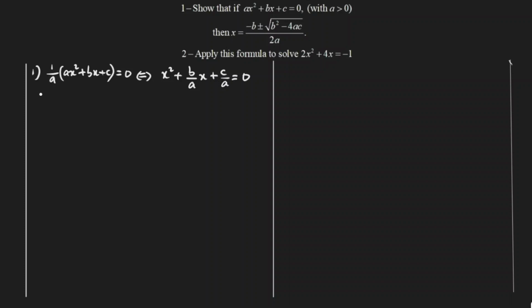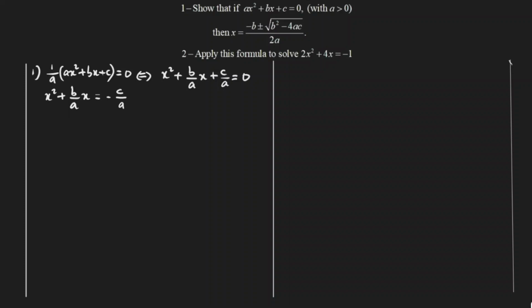Now, what does that mean? What we can do is isolate c divided by a. If we do that, we'll have x squared plus b divided by a x equal to minus c divided by a.